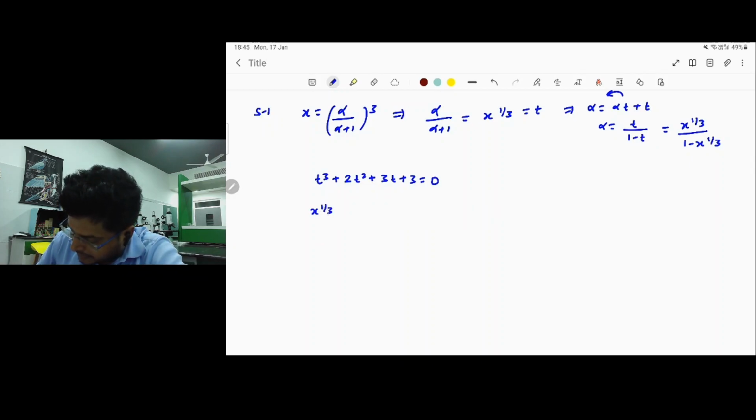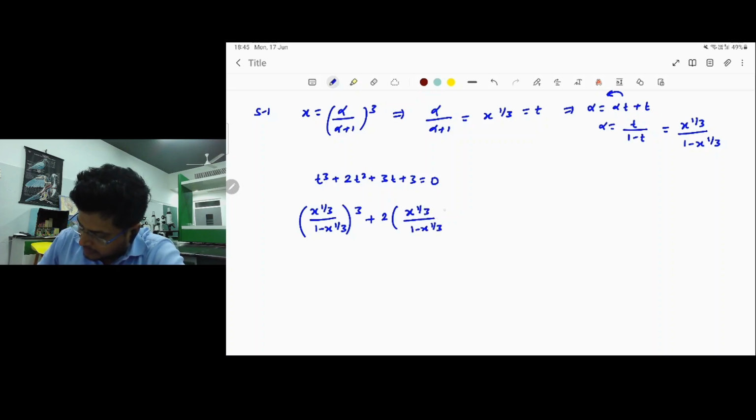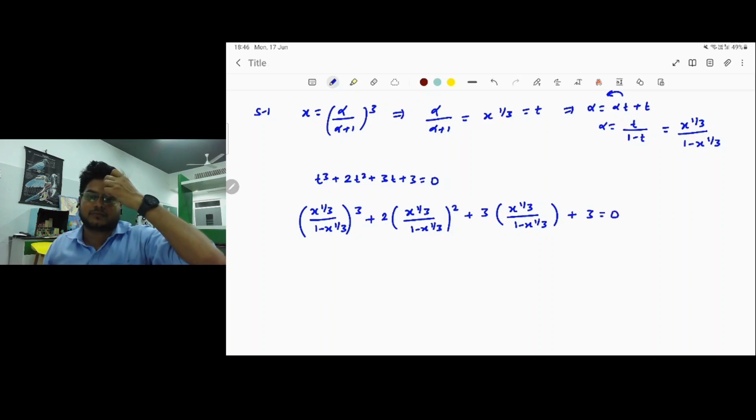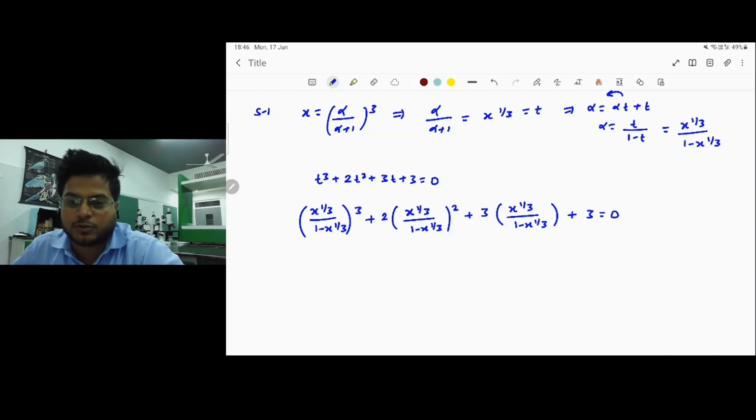So it is x to the power 1 by 3 by 1 minus x to the power 1 by 3, whole cube, then 2 times x to the power 1 by 3 by 1 minus x to the power 1 by 3, whole square, plus 3 times x to the power 1 by 3 by 1 minus this, and plus 3 equals 0. Right? Please see the calculations very slowly. In case any difficulty is there, reduce the speed of the video and see it step by step. Okay.